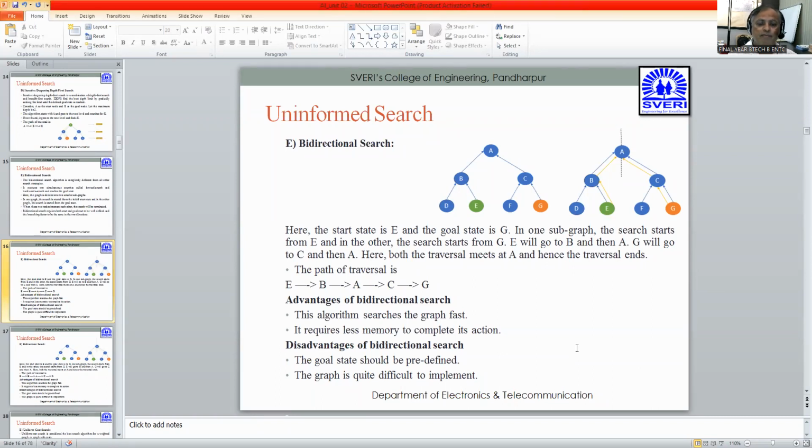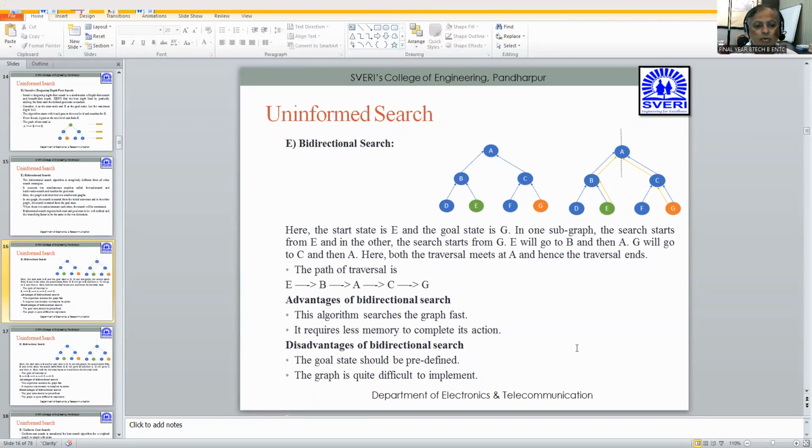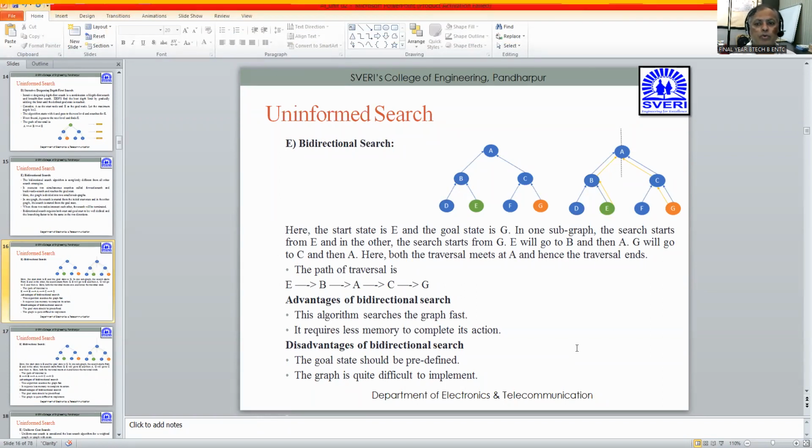But as you know, there will be some disadvantages also. The first disadvantage is that the goal state and the root node state both should be well predefined, right. And the second disadvantage is that the graph is quite difficult to implement.